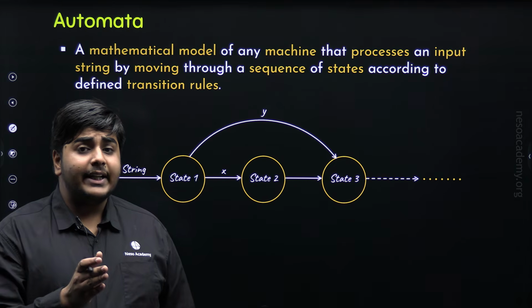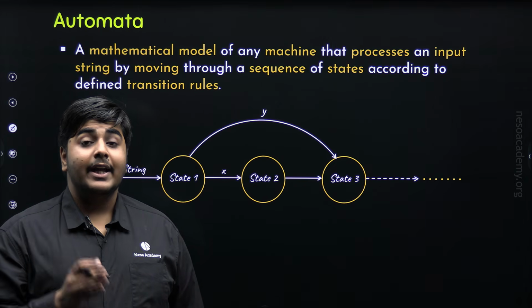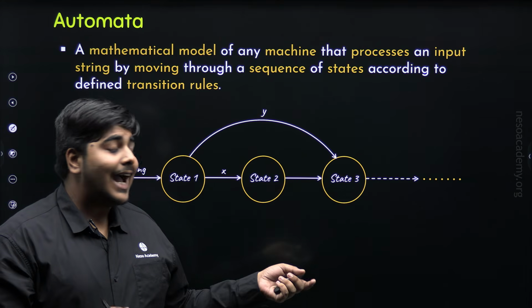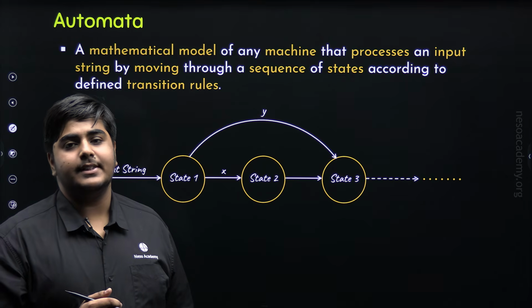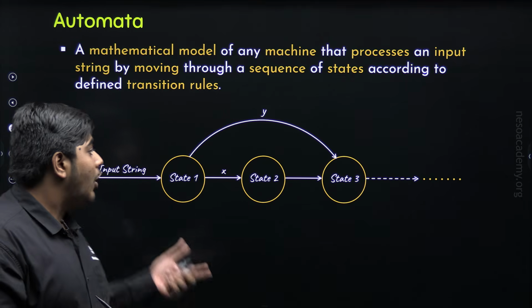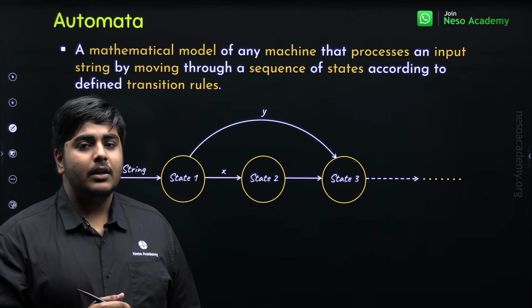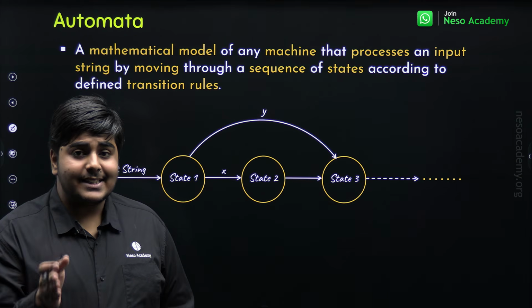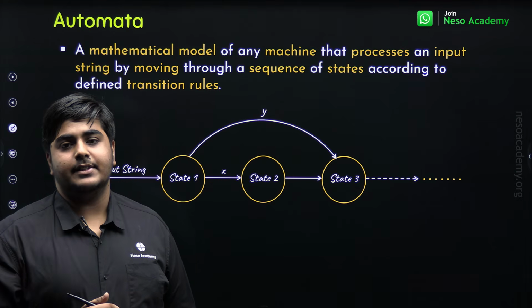So if the automata accepts the input string, it means that the processing of this input string stops at a state called the accepting state. And if the automata rejects the input string, it means that the processing of this input string stops at a state other than the accepting state.